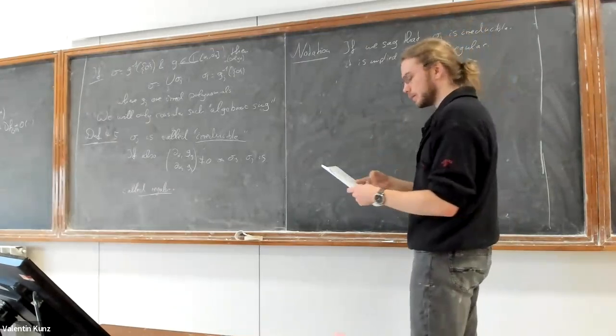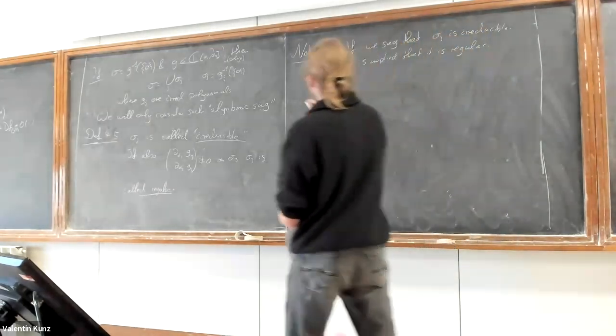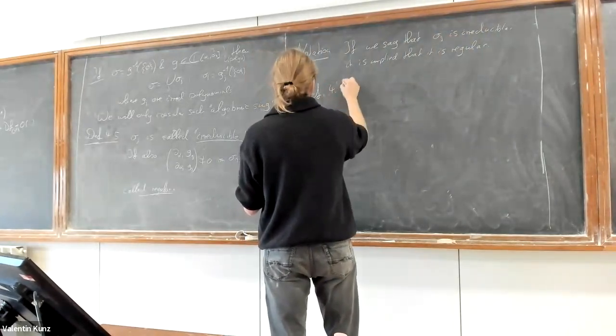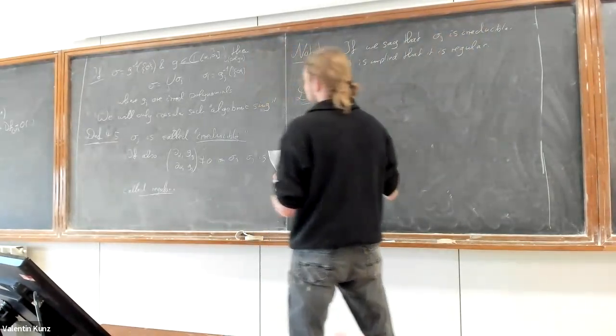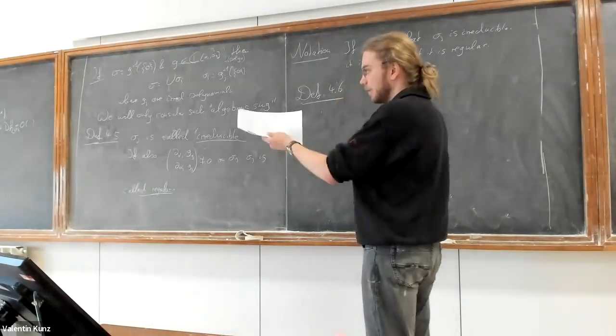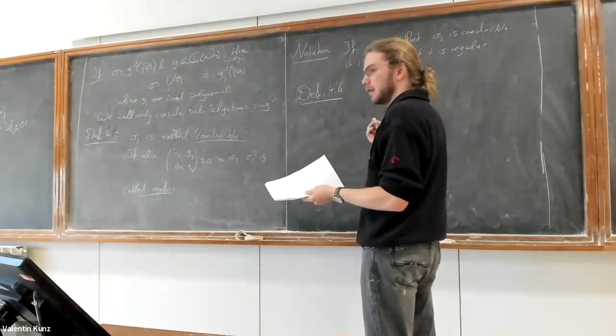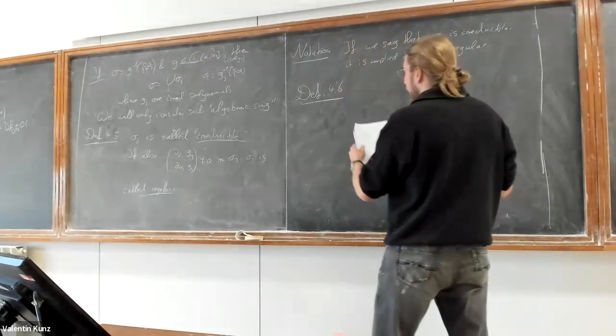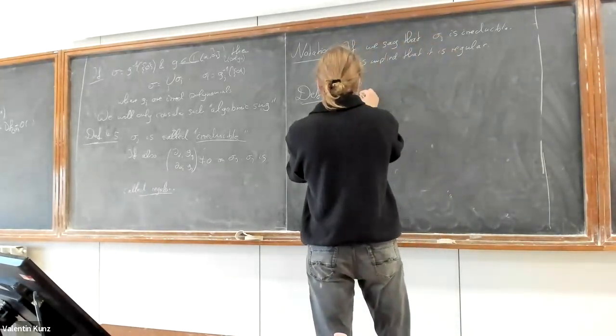The point is that you want to be able to locally multiply by a polynomial, which is finitely many terms, and get a holomorphic function. Exactly. But the function that has the singularity doesn't have to be a polynomial itself, not even locally. Exactly. So, the definition, what we need.